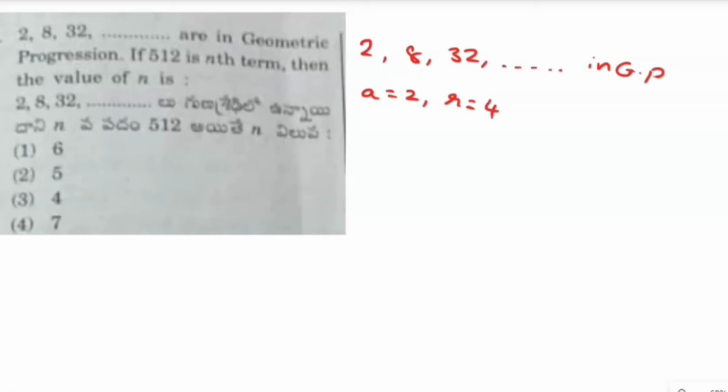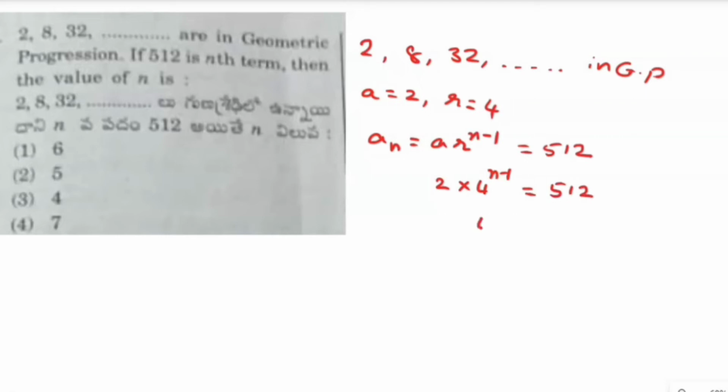So given 512 is the nth term. The formula for nth term, general term, is a_n is equal to a into r power n minus 1. So this value is given, which is 512. Nth term is 512. We need to find which term is that. So substituting here, a is 2 and r is 4 power n minus 1, which is equal to 512.